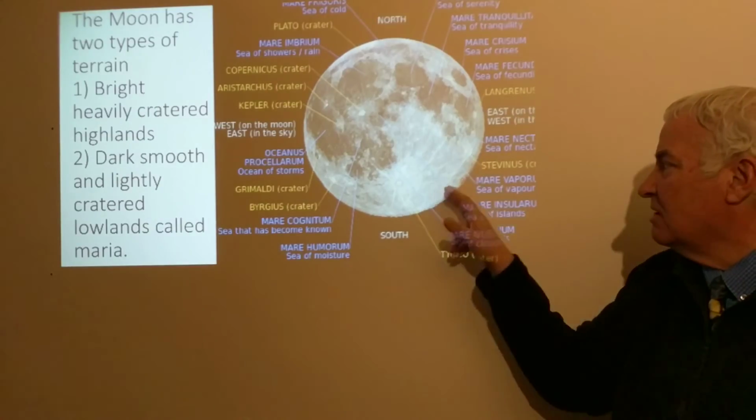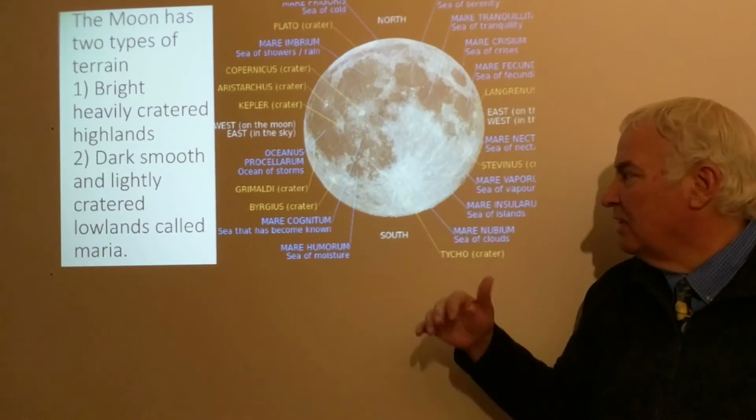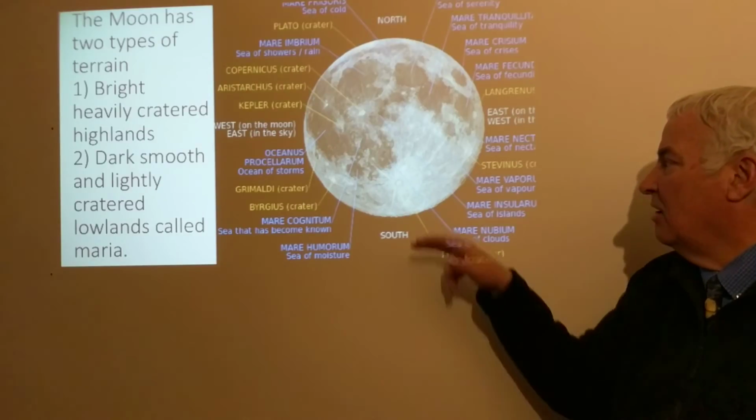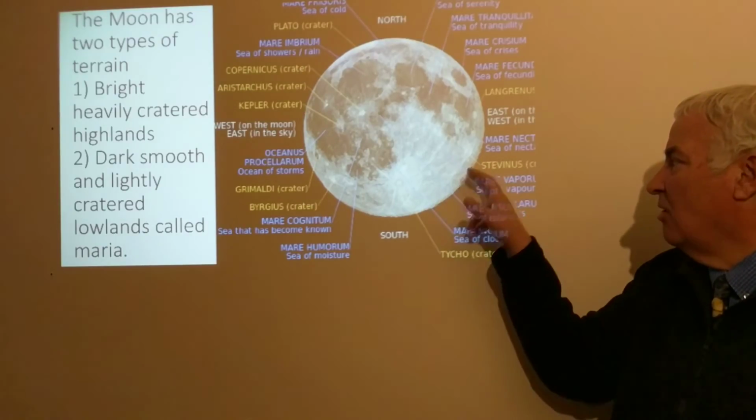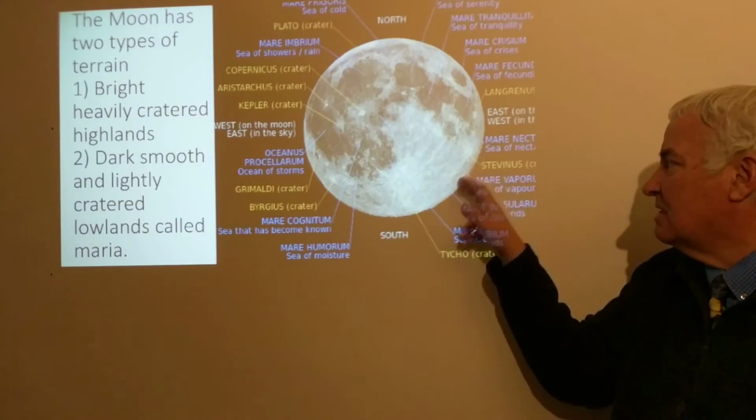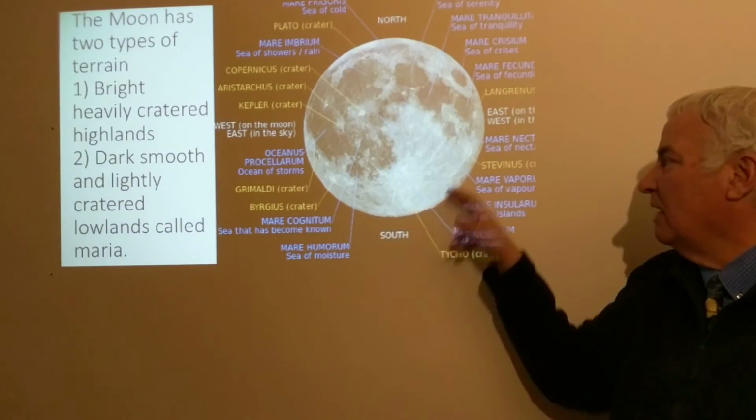However, the highlands show the full impact history of the moon, over about 4.5 billion years. And so there are impacts here that are very old, and then some newer ones.